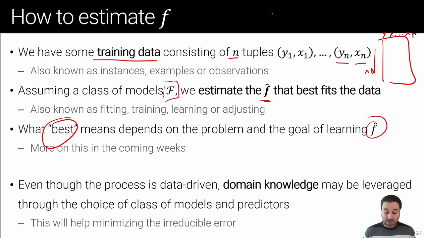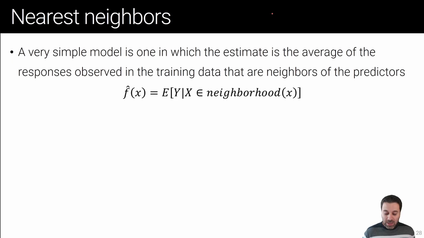And now once we have a class of models, we may think about, okay, how do we actually come up with this function f? A very simple model would be what we call the nearest neighbors. And essentially the idea is that whenever we have a new observation, a certain value of the predictors, the x's, we just take all observations that are in the neighborhood of x.